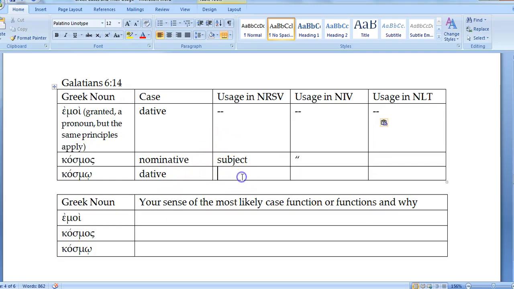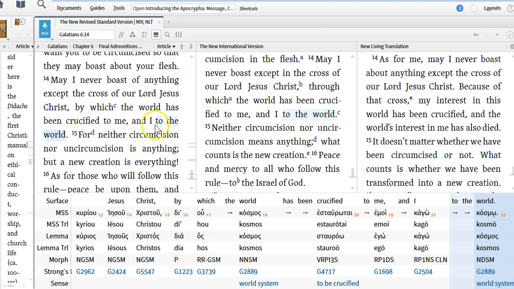I to the world in both the NRSV and the NIV. I have been crucified to the world. That looks like a dative of reference, a dative of respect. I have been crucified with respect to the world, with reference to the world.